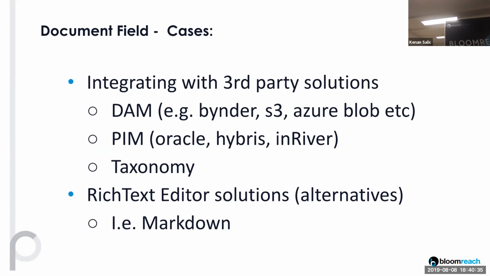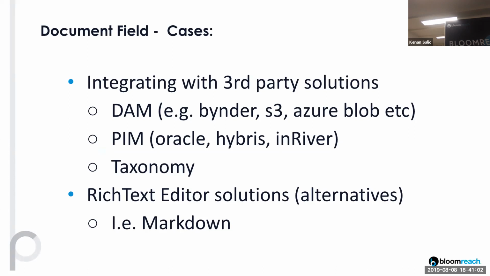Azure Blob, I know Roy has worked, I think, on getting Azure to work with the external document picker. But when you look at commerce, you also want to integrate with systems such as product information management systems like Oracle or Hybris, so that you can pick documents from an external system and display them in a product grid or product list.